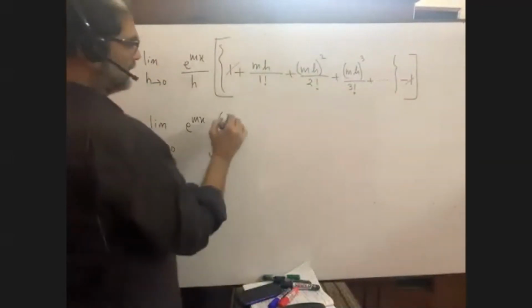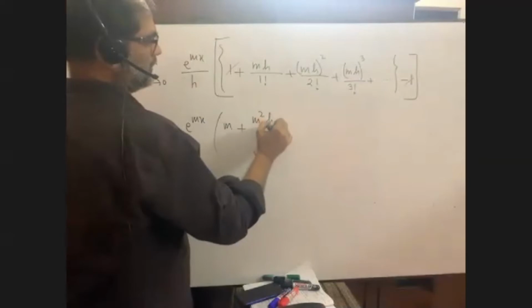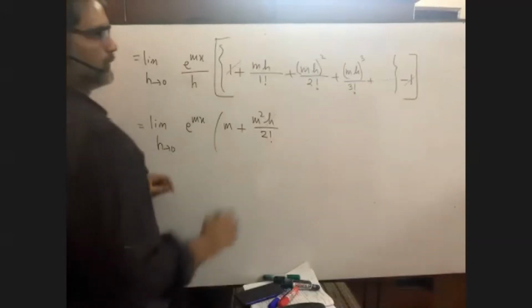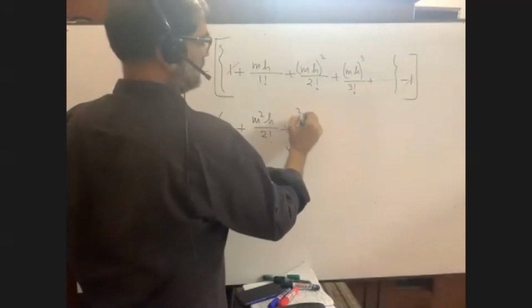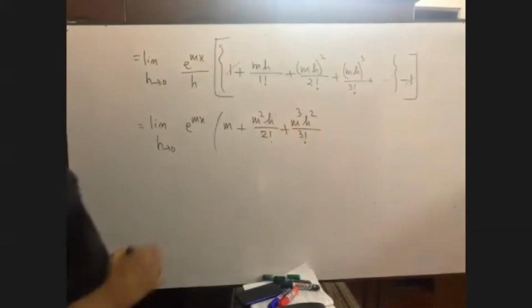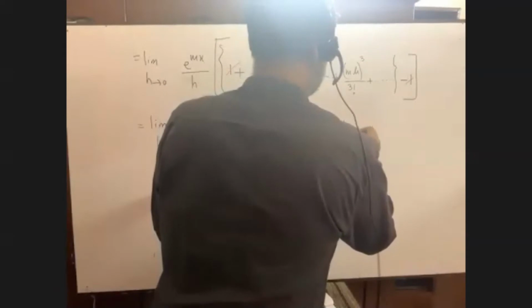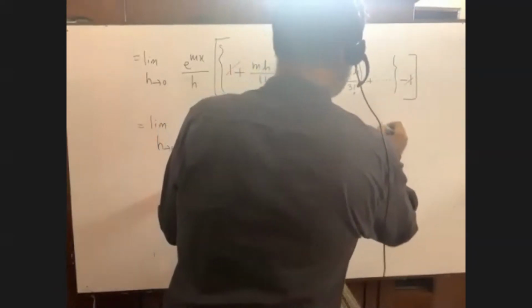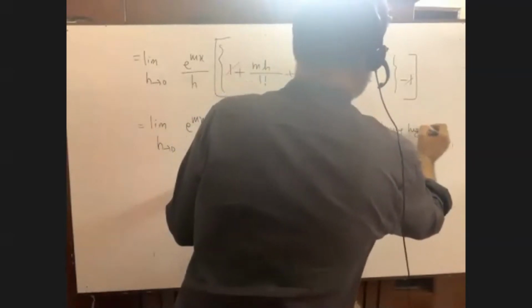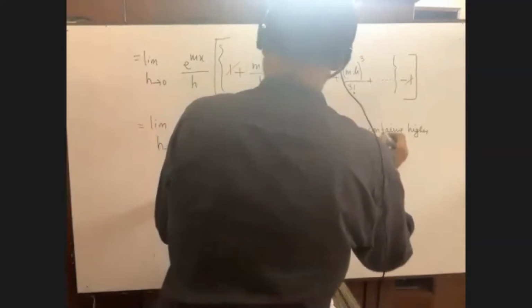So we are left with only m plus m squared h plus terms containing higher power of h. Am I right?